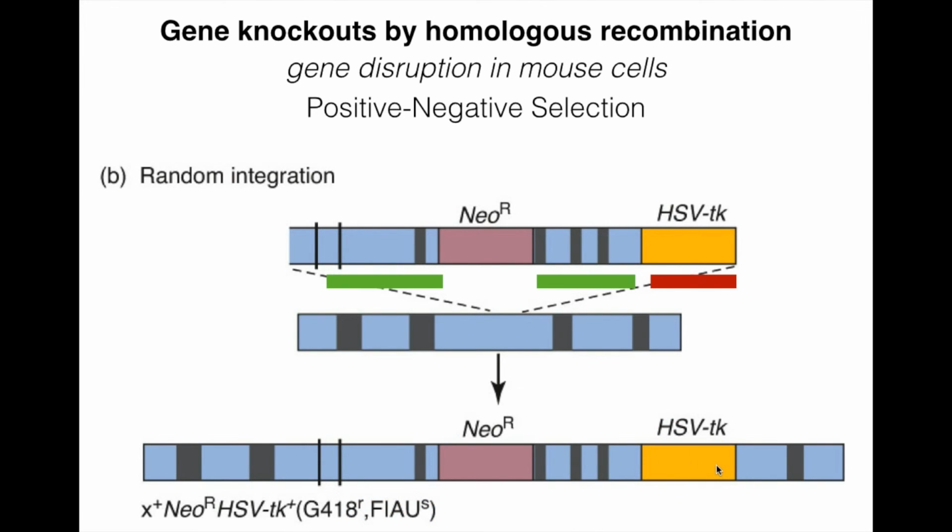So that allows us to select by positive insertion of the neo-R gene and negative selection based on the HSV-TK. Any cells that have this random integration would die. Any cells that have the specific homologous recombination based on these sequence homology regions, only getting the neo-R gene inserted, would survive.